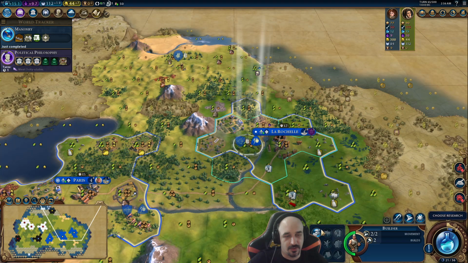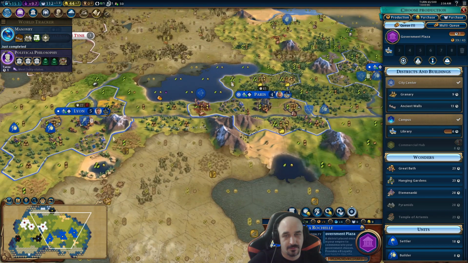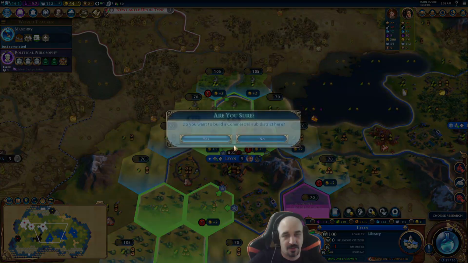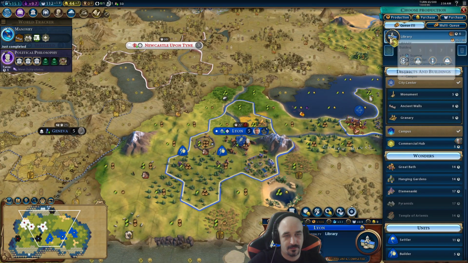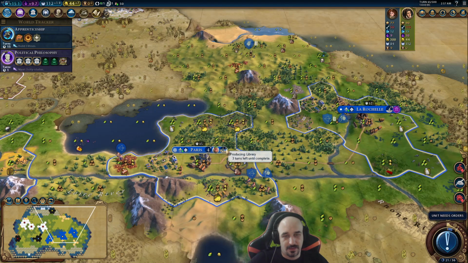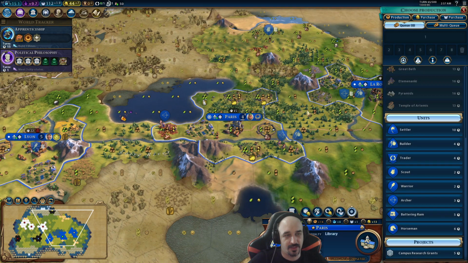So it should be a single chop, right? No, still not. 39 out of 43. Okay. And we can have a discounted commercial hub over here. Still can chop it, right? And here we can even save some production.